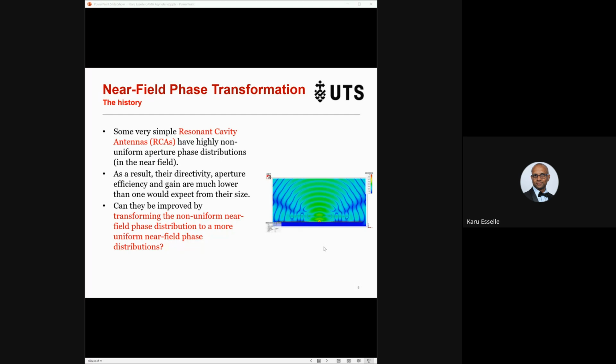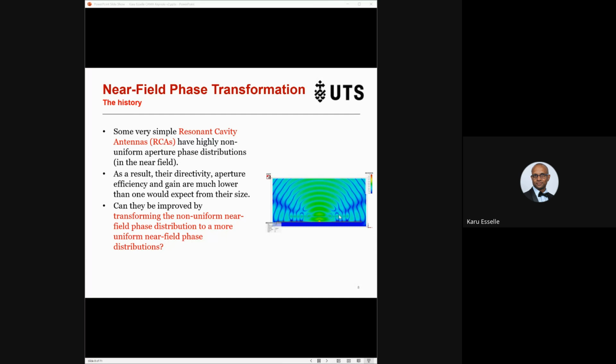If you look carefully, you can see that the amplitude distribution of the near field is not uniform. That is one issue. If you have a uniform amplitude along the whole length, then you get the maximum directivity from antenna theory.